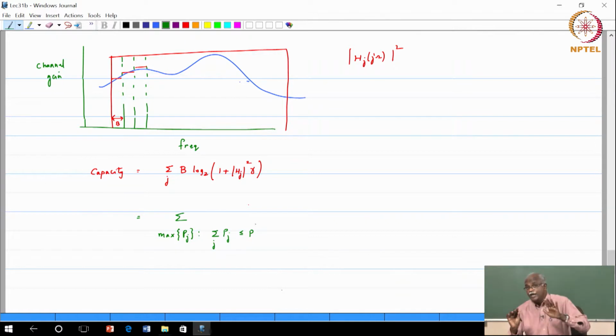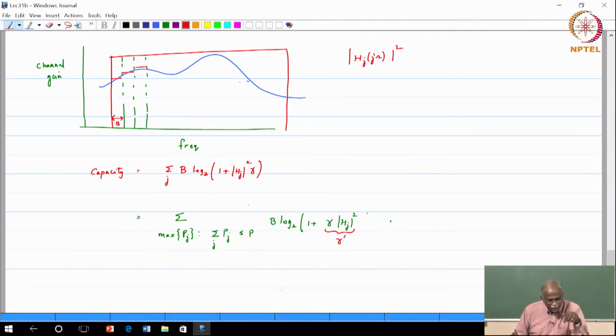It is not P bar, it is the total power allocation P. So, now the objective function will be B times logarithm base 2 of 1 plus gamma times magnitude h_j squared, which now becomes my effective SNR.